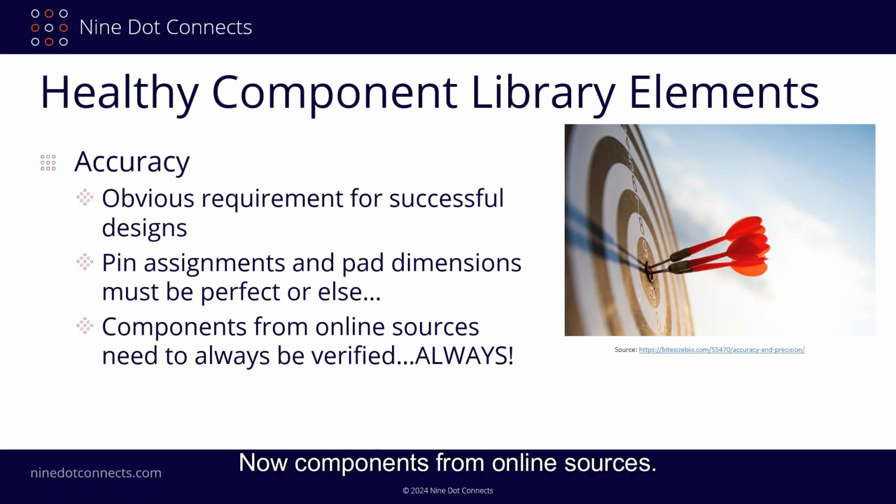Now, components from online sources. A lot of people in here make their own components, and of course we all use components from online sources, like Ultra Librarian or SnapEDA. I make a lot of parts and I use those as much as anybody else. However, I've made enough parts to know that those are not always accurate. I would say 90% of them are great, 95% are okay.